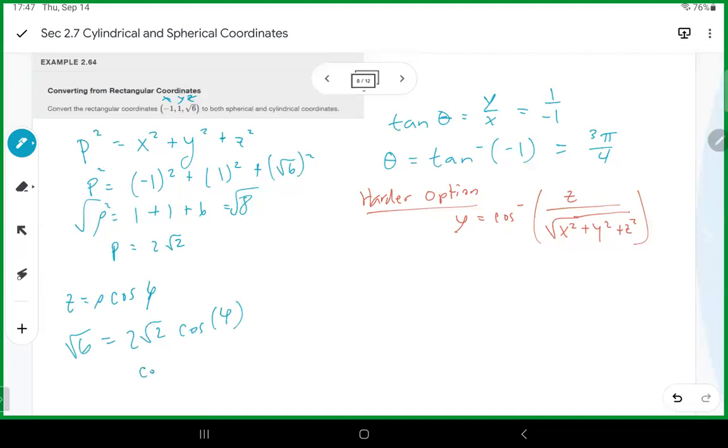So then we have cosine phi, which is square root of 6 over 2 square root of 2, which is going to work out to that.